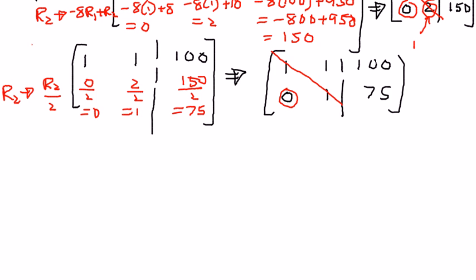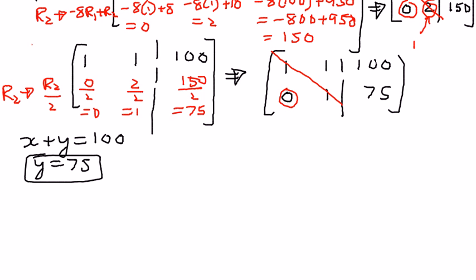From here, y equals 75. Let us write the system of linear equations from this final augmented matrix. x plus y is equal to 100, and the value of y is equal to 75, and that is one of our answers.